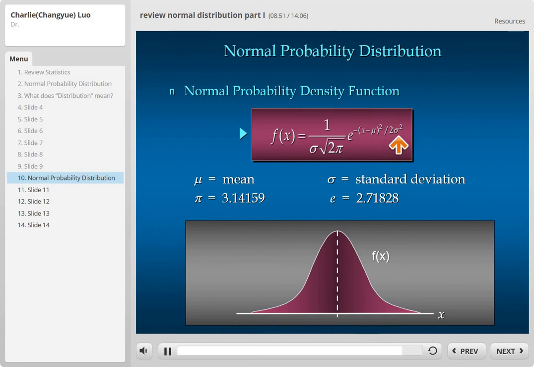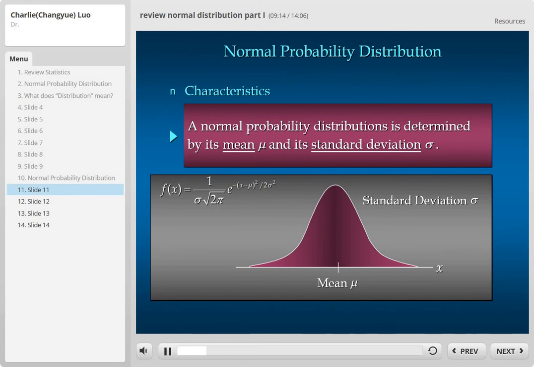Sigma we don't know. X is the variable, the horizontal axis here. Now, in this formula, in this function, there's only two things we don't know: mu and sigma.